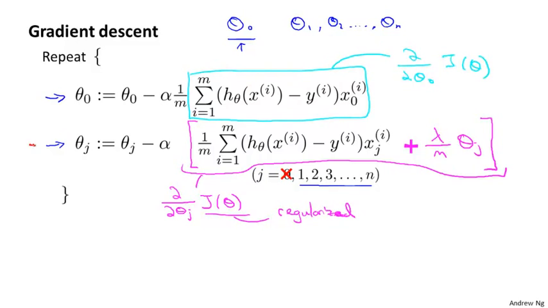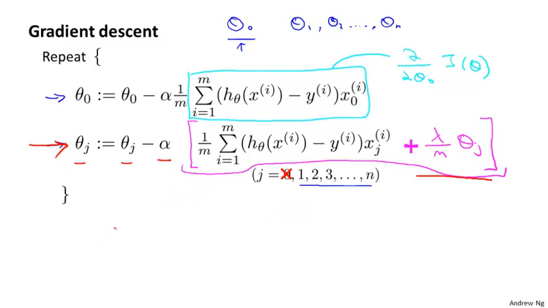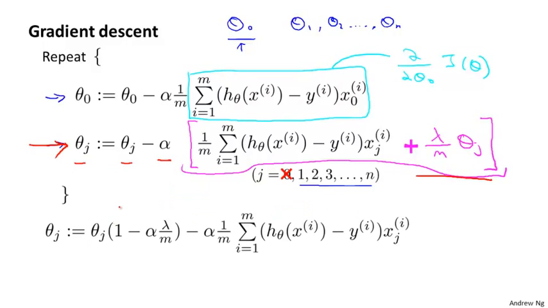If you look at the update for theta j, it's possible to show something pretty interesting. Concretely, theta j gets updated as theta j minus alpha times, and then you have this other term here that depends on theta j. So if you group all the terms together that depend on theta j, you can show that this update can be written equivalently as follows.